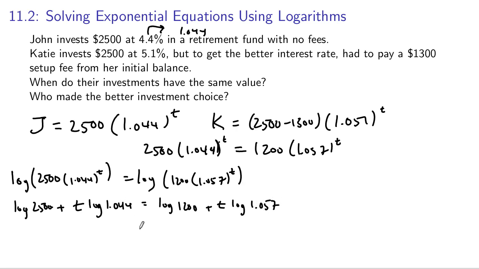1.057. Now we need to get the t's on one side and the not t's on the other side. So subtracting log of 1200, log 2500 minus log 1200 equals t. So now we need to move t log 1.044 to the right hand side, so we'll subtract it. T log 1.057 minus t log 1.044. Combining the t's here so we can factor t out of both of these, and I'm going to do this all right here because I'm running out of space.